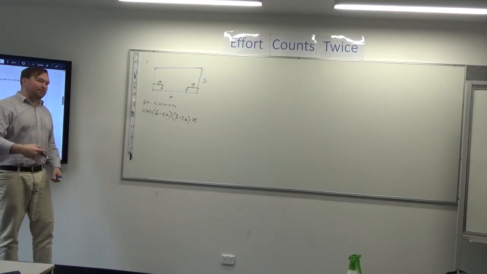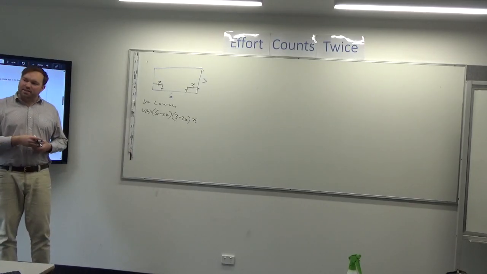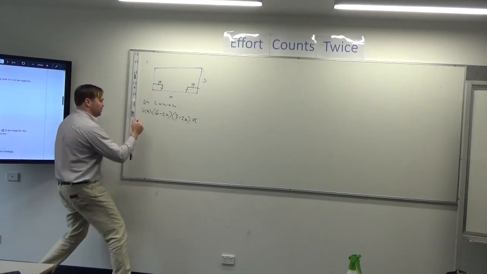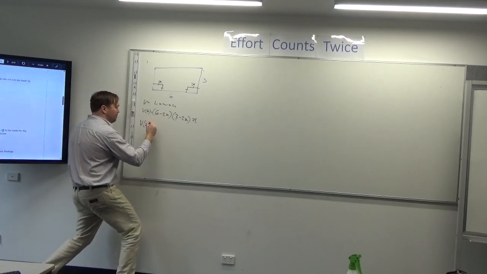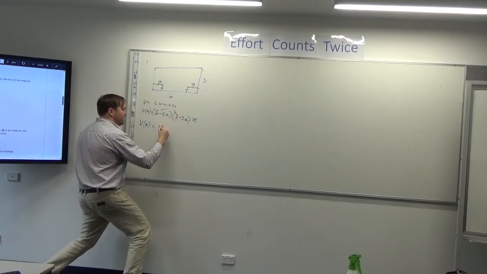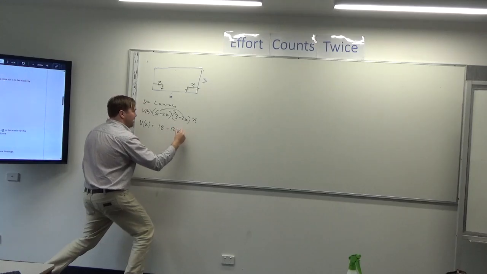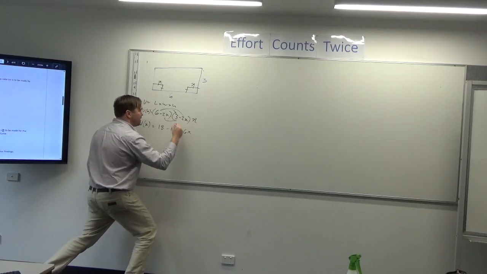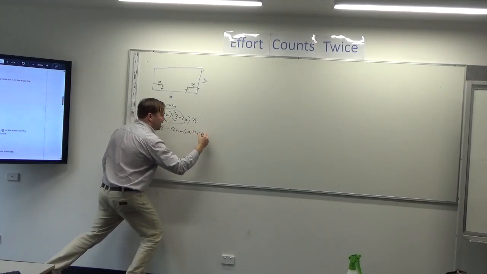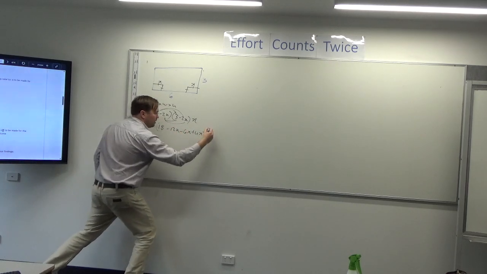Now, expand, simplify, collect like terms, then differentiate. We're running the same process. So if you're doing it on your own ratio, go for it. If you're doing it on mine, you can copy this exactly. 18, take 12x, take 6x, plus 4x squared.